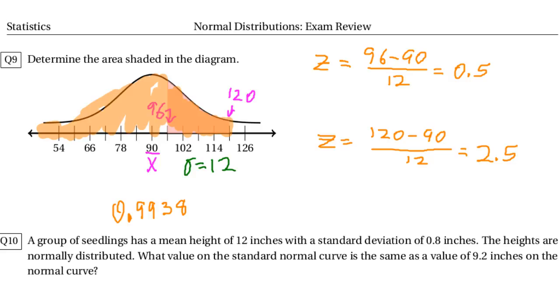So now I have to erase a certain amount. Well, to erase it, I'm going to subtract from that whatever all of this amount is on the left-hand side of 96. If I erase all of this on the left-hand side of 96, what that basically means is I need to find the area that's below 0.5.